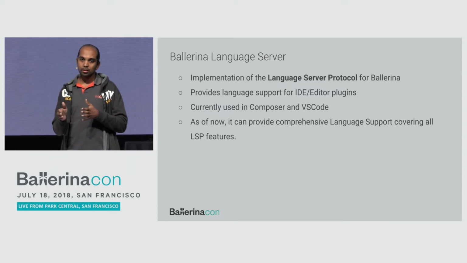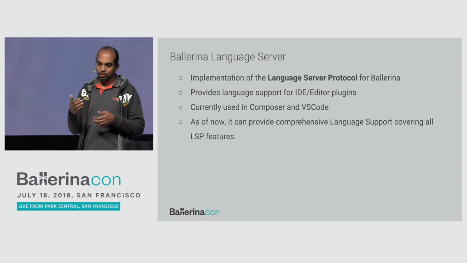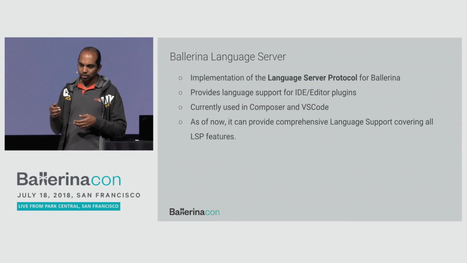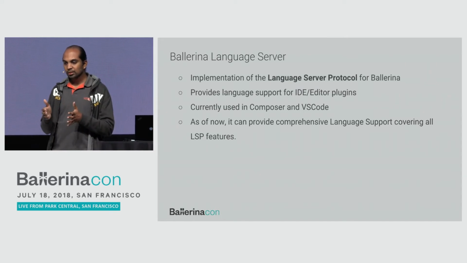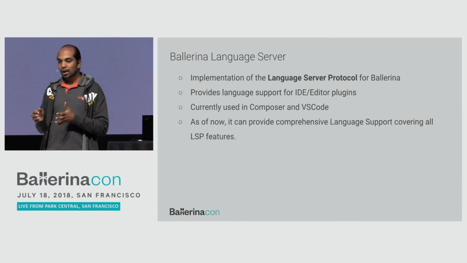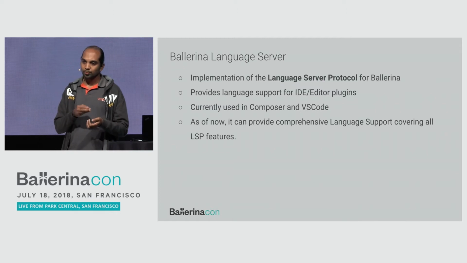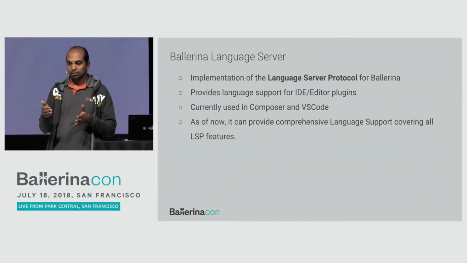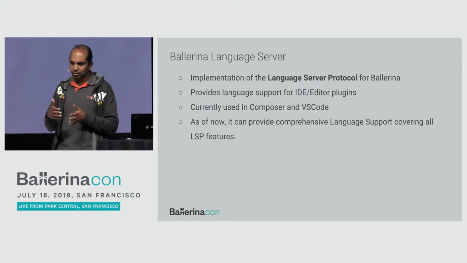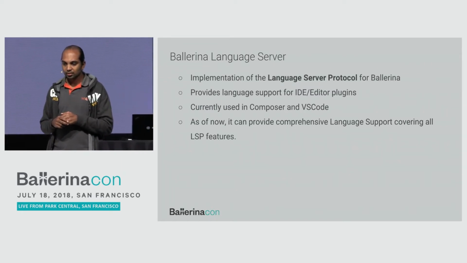Before the language server protocol, if you tried to write plugins for a particular language for different IDEs, you had to go to each plugin and implement the language support into those plugins. The language server protocol tries to minimize the duplication of the implementation.